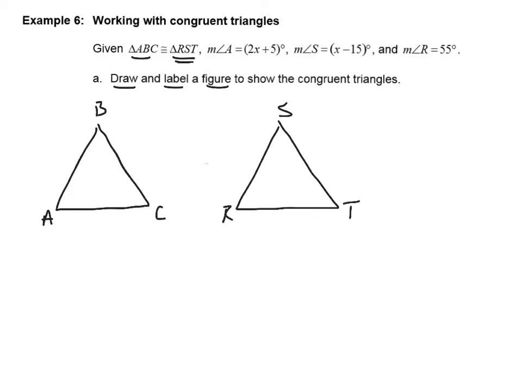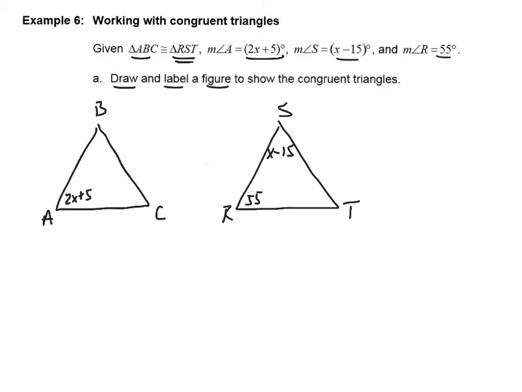Next thing is the angles that they give me. A is 2x plus 5. S is x minus 15. And R is 55.